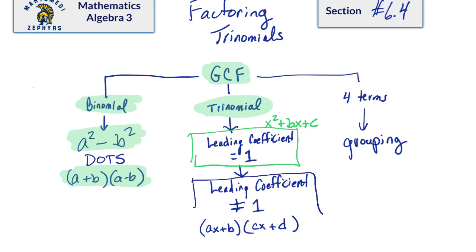The other type of problem that we're going to look at is when the leading coefficient is not 1. So you'll have a number multiplied by x squared plus a number times x plus a number at the end. So you're going to have to distinguish between those two types of problems today.